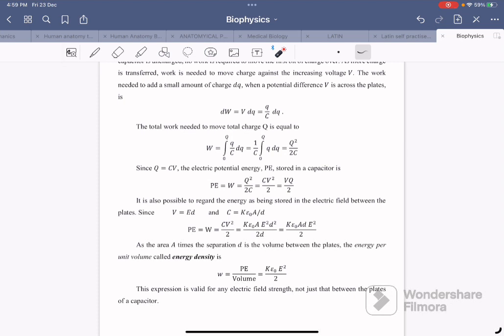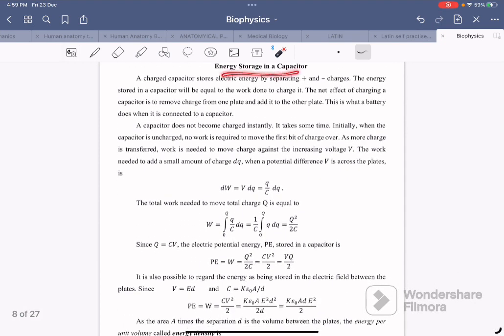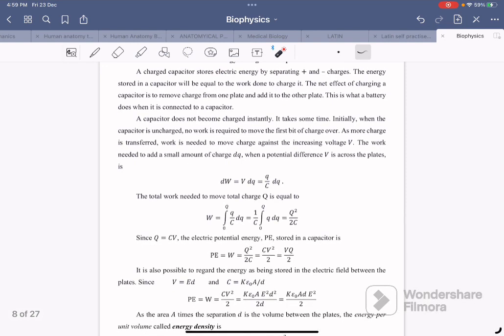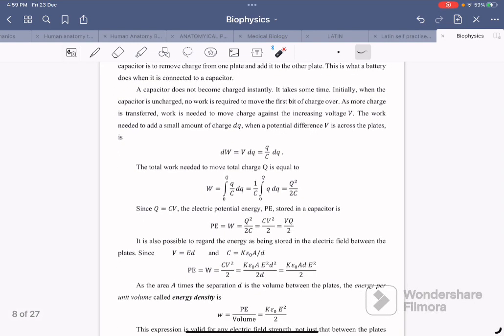So the electric potential energy, which is the potential energy stored in the capacitor, must be the work done, which is q square by 2C.